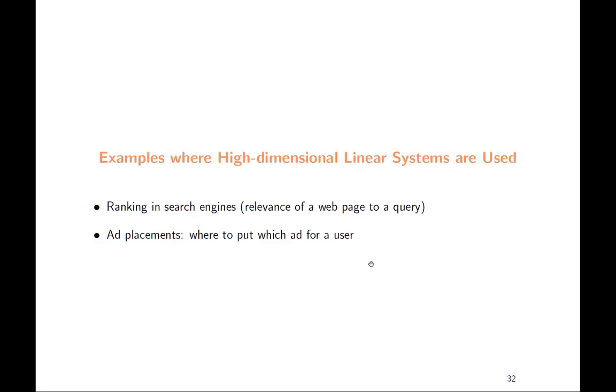So, ranking in search engines, for example, the relevance of a web page to a query, uses high-dimensional linear systems, or advertisement placement, where to put which ad for a user. And here people design inputs very smartly by doing what is called feature design, we'll talk about it later.